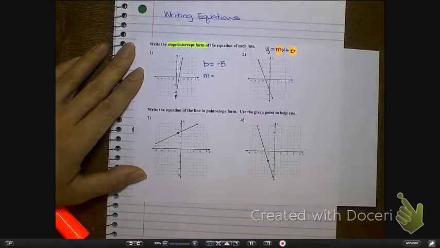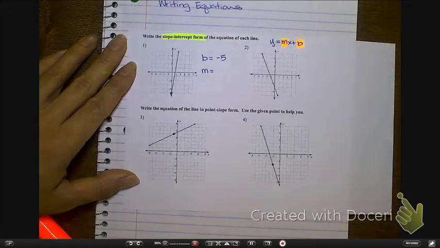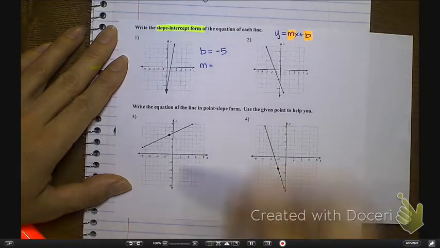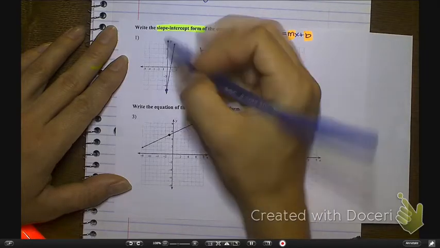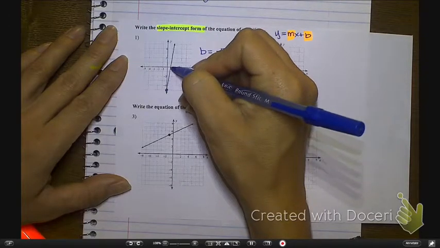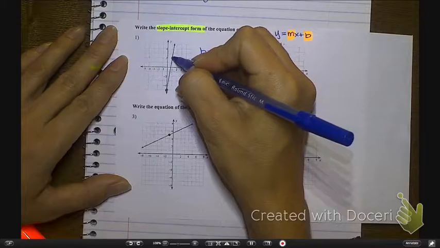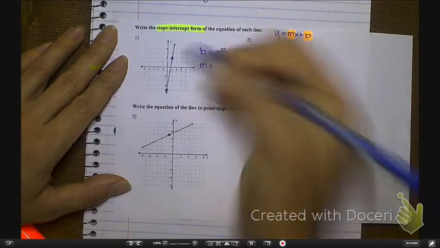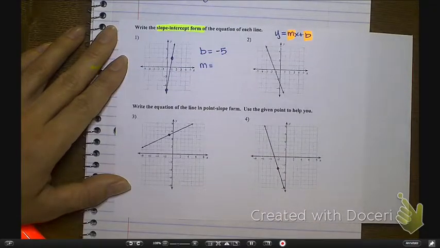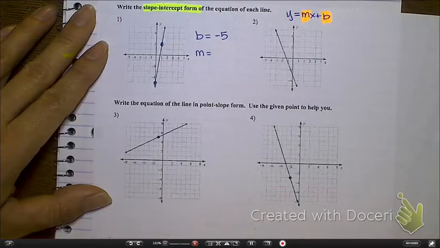So I want to pick a point that's exactly on the grid line so it's easy to count. So if I keep going up, it looks like my next good point is right about here. Does that make sense to you guys, why it's right there? Yes. Okay. So I'm going to use that point and count my slope between those 2 points, okay?